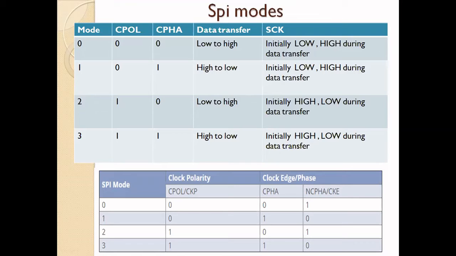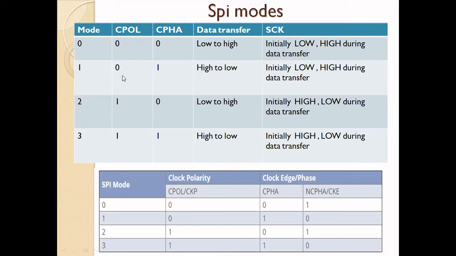Next, what is meant by SCK? SCK is called the clock signal. So in mode 0, initially the clock signal will be low. During the data transfer, it will become high. So when the data is transferred, the clock pulse goes from low to high, and during low to high the data transfer takes place.